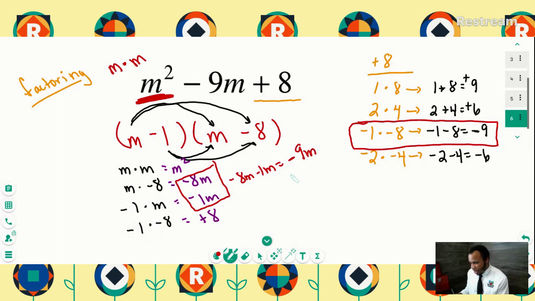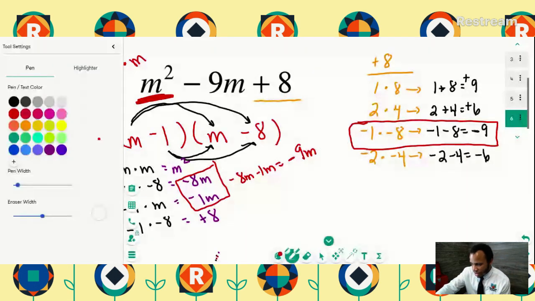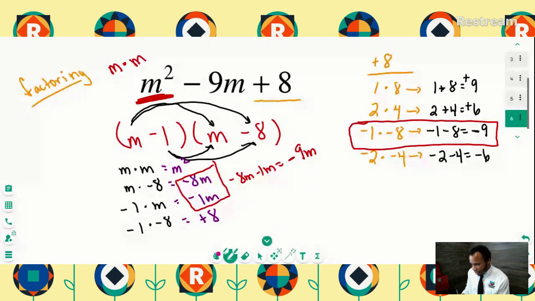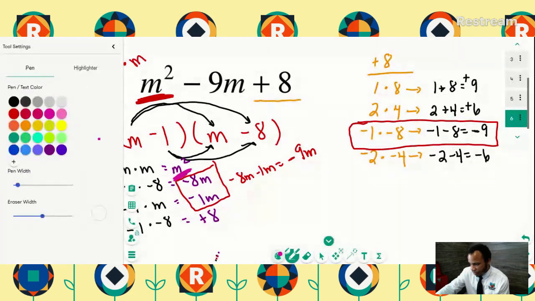So our answer will be -9m. So now we simply take our pieces, put them together, and what you'll notice is that we have the same answer that we started with. I'll use a highlighter for this. We have this.